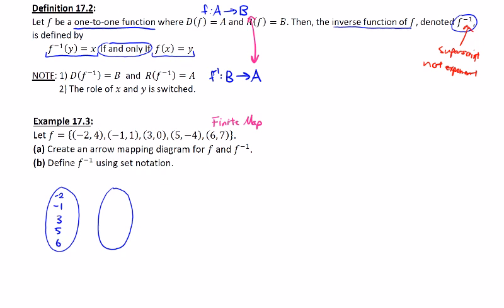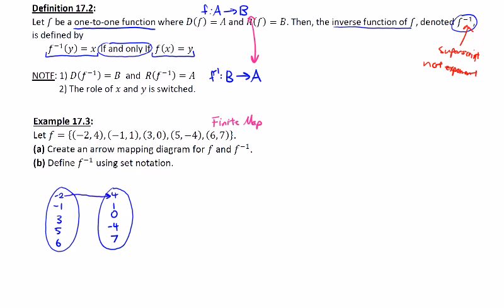And then the second set is going to be where we put all the range values. This will be 4, 1, 0, -4, and 7. And then we're supposed to make a connection with the arrow mapping to show how the different x's correspond to their y.